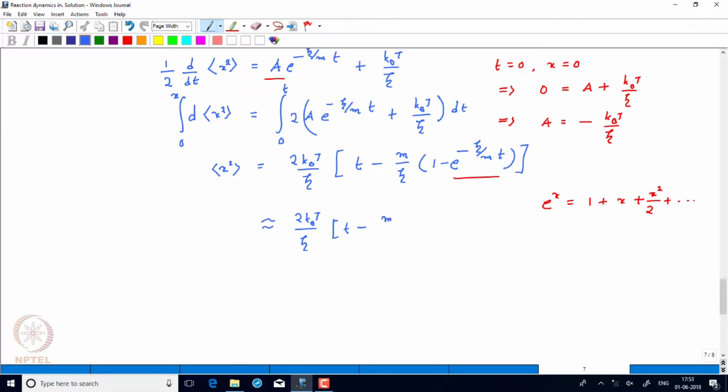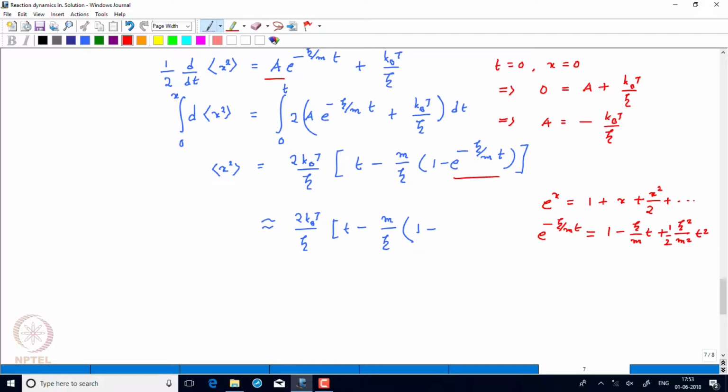minus m by zeta, and then within parenthesis you have 1 minus e to the power minus zeta by m times t, which will be 1 minus zeta by m into t plus zeta square divided by m square into t square, and there is a 1 by 2.